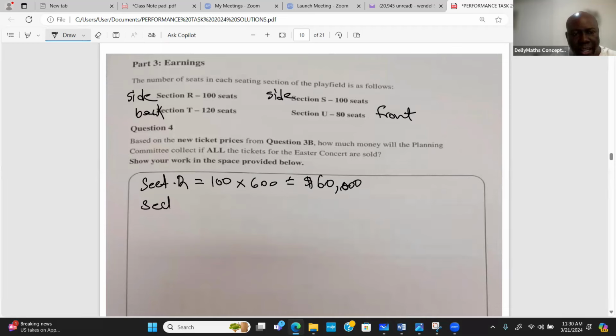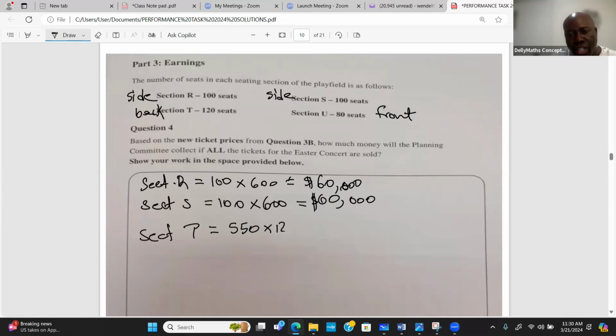We know that section S is the twin to this section, so it is 600 times 100, and this is going to give us 60,000 as well. Let's go for section T. That's the one at the back. It was $550 for that, and then we have 120 seats. So we want to take our time to work out 550 times 120, and we're getting about 66,000 for that part.